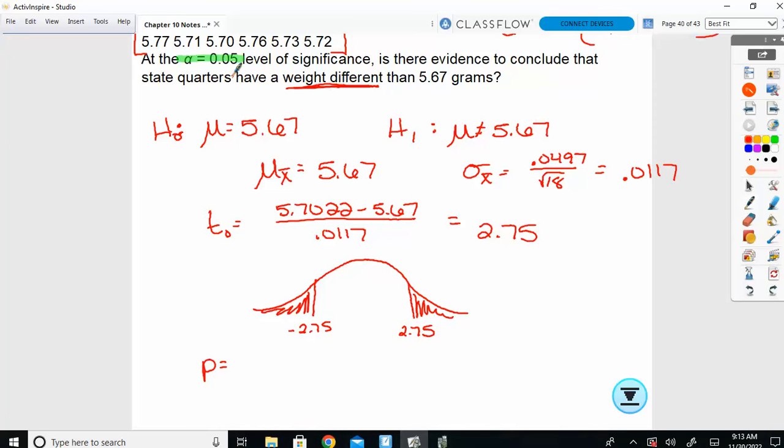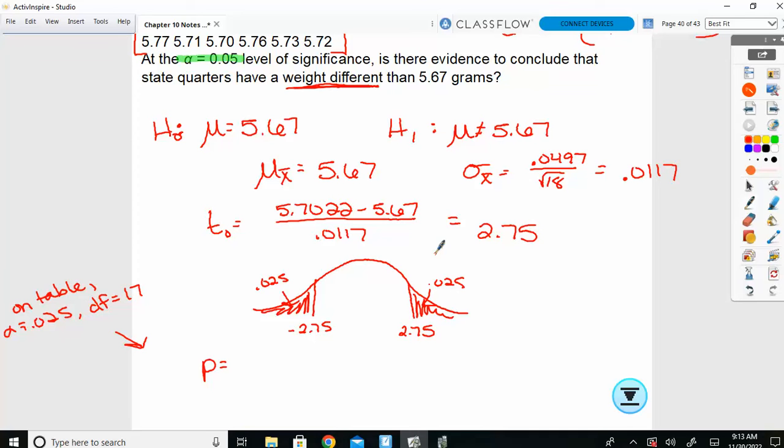So if we went to 17 degrees of freedom, because it's two-tailed, the 0.05 is split over both of these. So how much does each one get? To get my p, I'm looking on the table at 0.025 with 17 degrees of freedom.